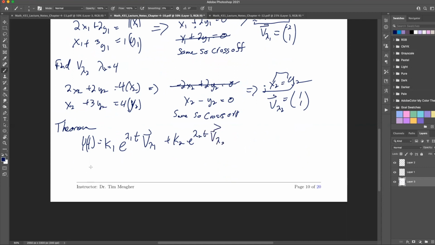For us, that's y of t equals k1 e to the minus t times the vector -2, 1, plus k2 e to the 4t times the vector 1, 1. And there's our solution.